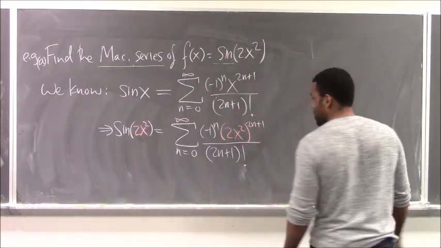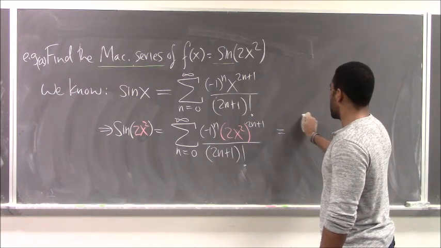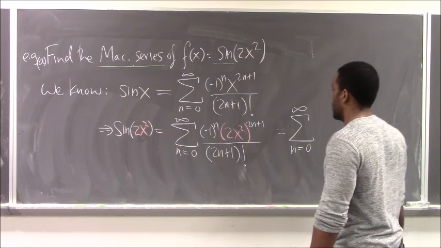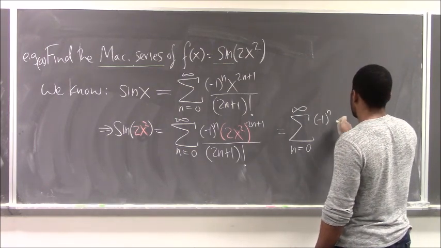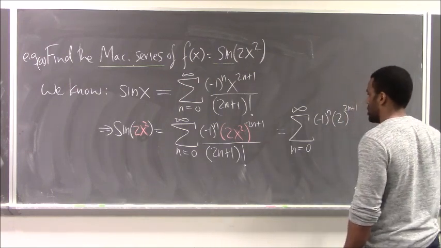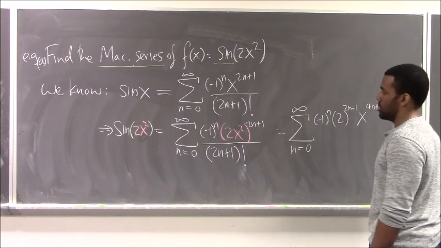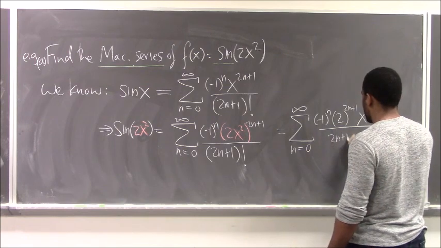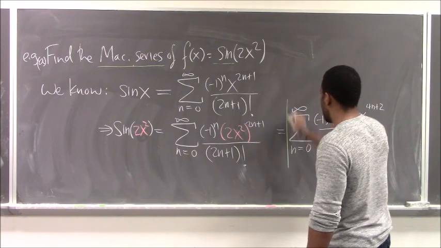Now I can write that a little bit nicer, I suppose. So it's minus 1 to the n of 2 to the 2n plus 1 x to the 4n plus 2 over 2n plus 1 factorial. That is my Maclaurin series.